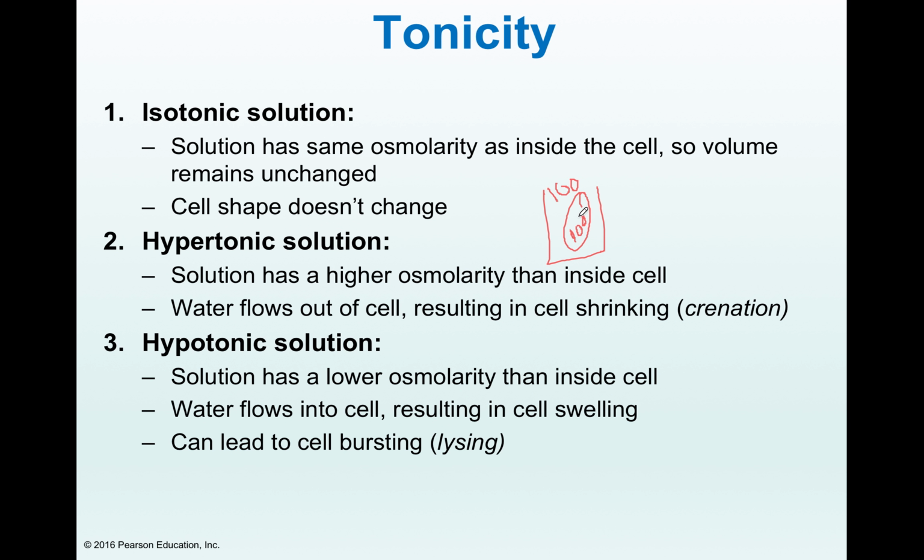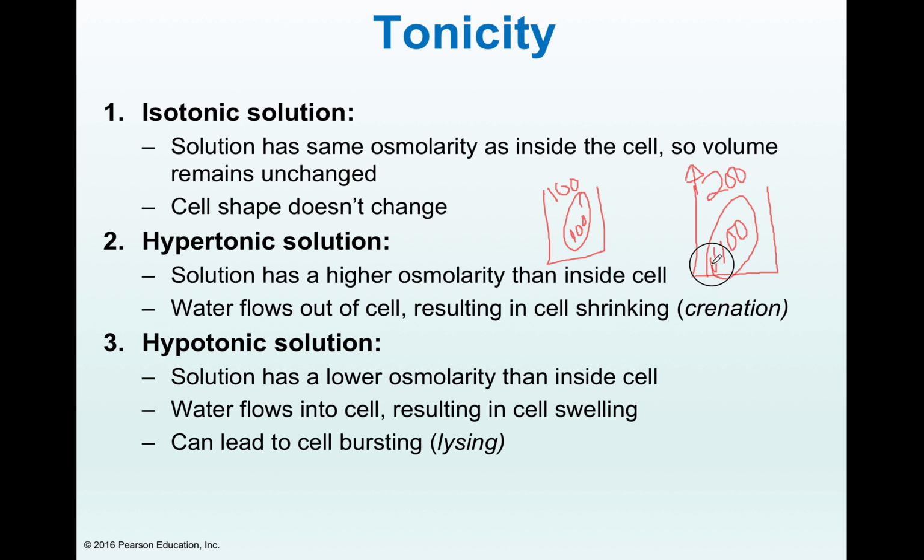Now, the second scenario we have is hypertonic. So let's look at an example for hypertonic. So I have a solution. This is my solution. Let's give it a number, 200. And let's say my cell is 100. So 200 is a larger number, so I'm going to put the upward arrow.